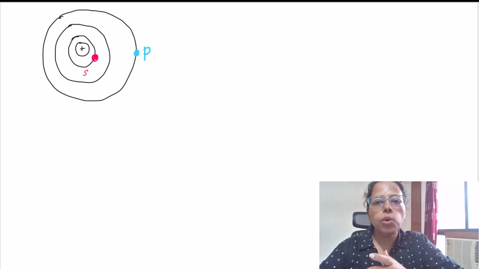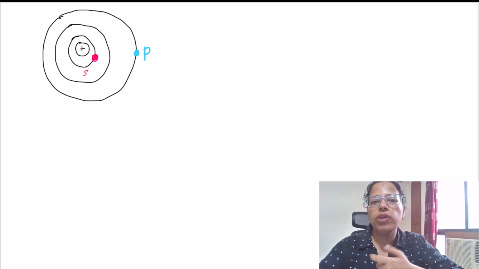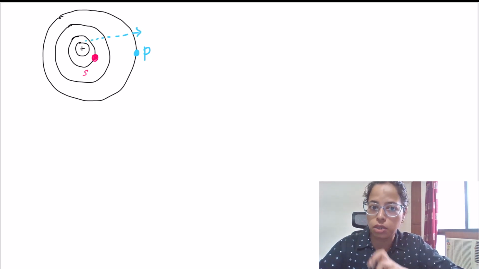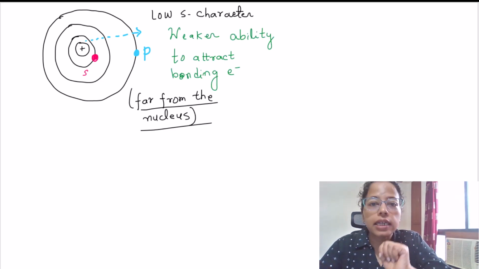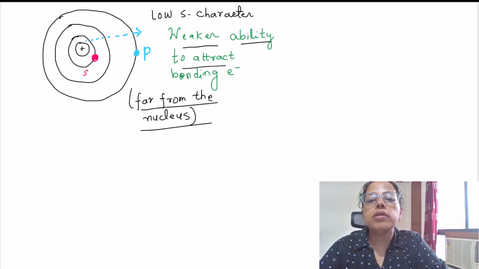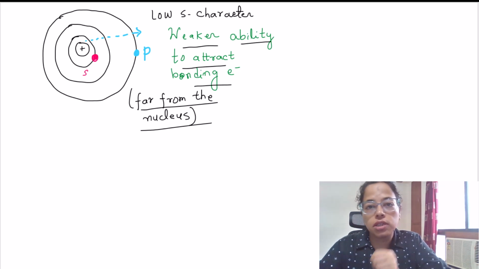So when there is a reduction in the percentage s character of a hybrid orbital, it is moving further away from the attractive forces of the positively charged nucleus. That means this hybrid orbital with lesser s character has a weaker ability to attract the bonding electrons, since it is far away from the nucleus.